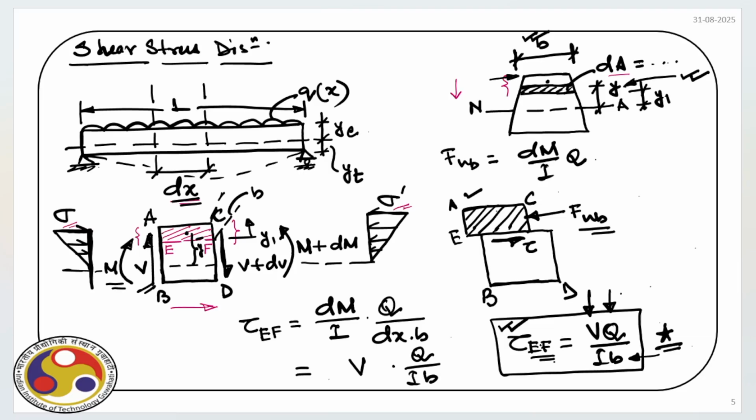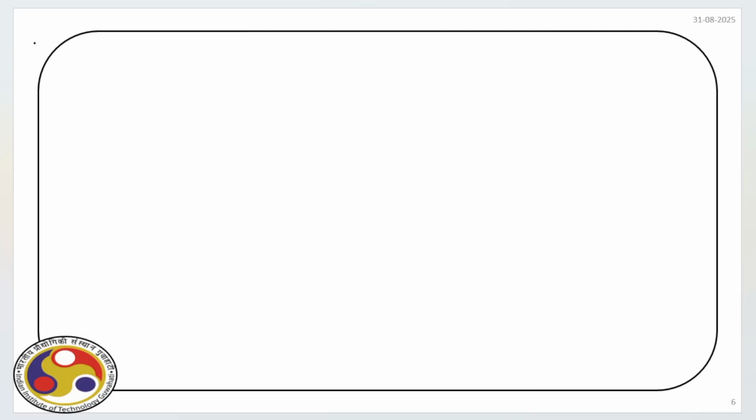But once we fix these parameters, we can actually find out the stress acting at the fiber level EF. Okay, so now let us consider a rectangular cross section and see how the shear stress varies over the cross section.